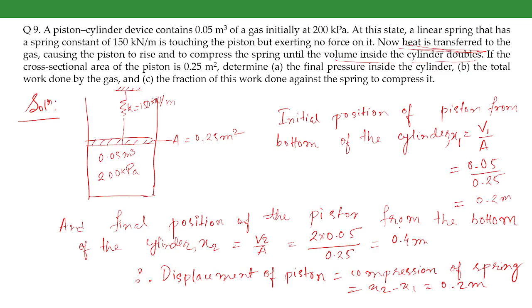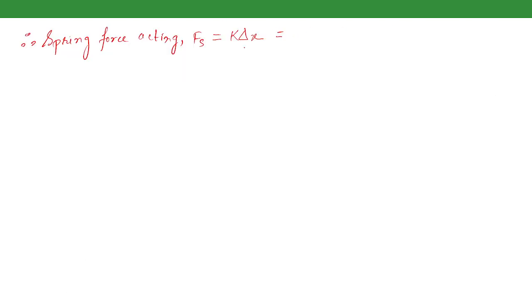Delta x is the compression of the spring. So this is 150 kilonewton per meter multiplied by delta x of 0.2 meter. So this is 3 into 10 to the power 4 Newton.